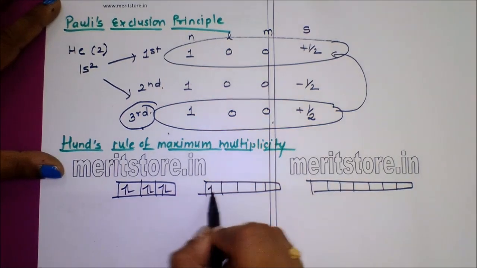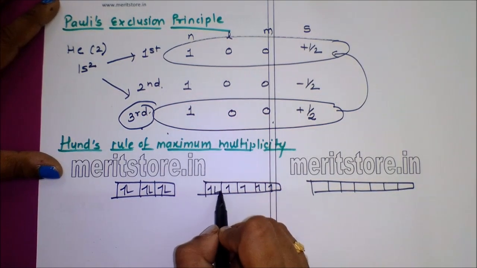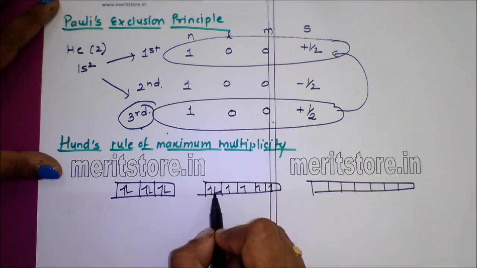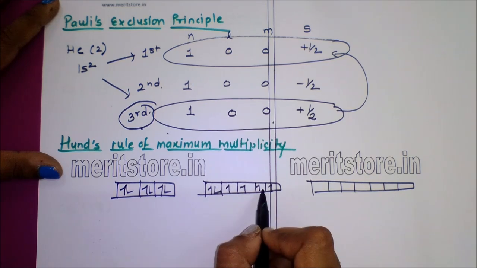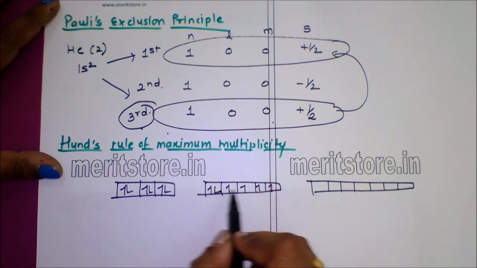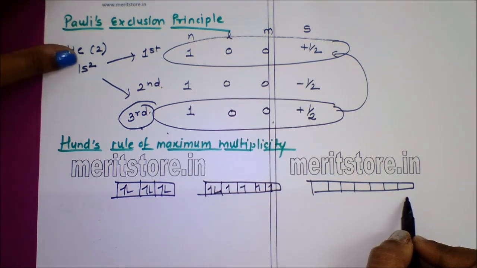So you have to fill 1 electron in each orbital, then only the pairing will start. If you pair the electron first, the energy gap between the 2 electrons will increase and filling the electron in the next orbital will become difficult. Hence, it is always suggested according to Hund's rule that pairing will not occur unless and until each orbital is filled with 1 electron each.